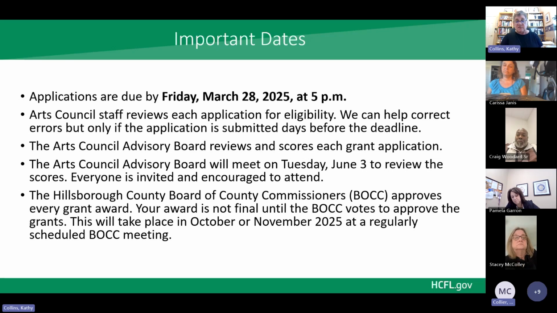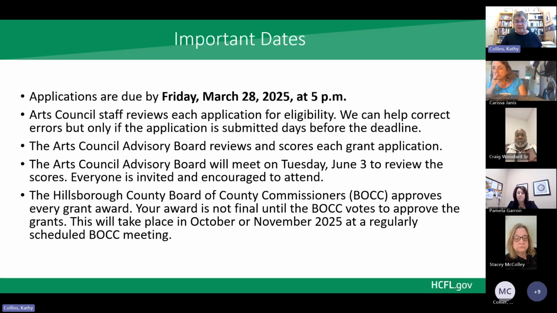During the time that the applications are being submitted and for about a week after they're submitted, staff reviews each application for eligibility. And then we also, if we have time before the deadline, if you submit it early, we try to check for any kind of errors so that we can let you know if it can be fixed.